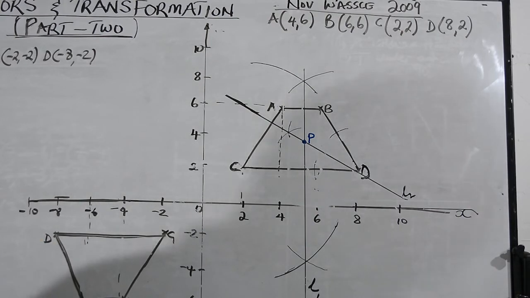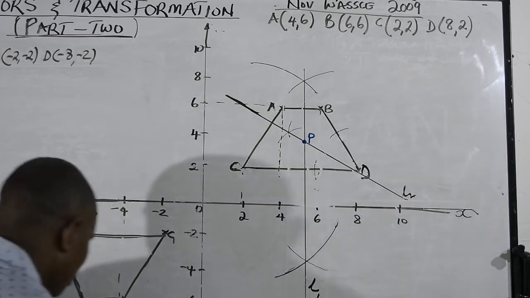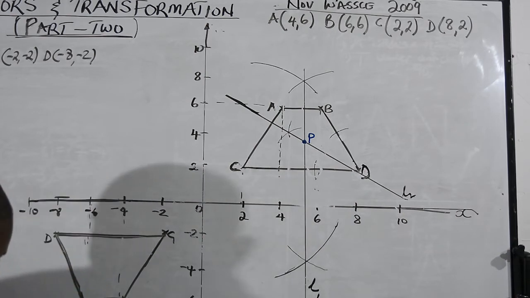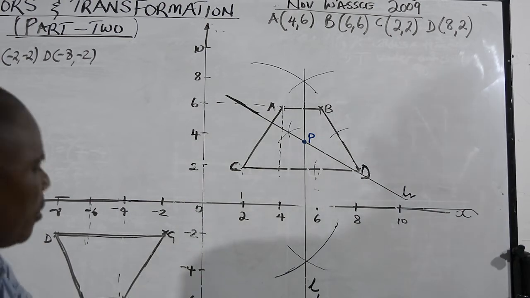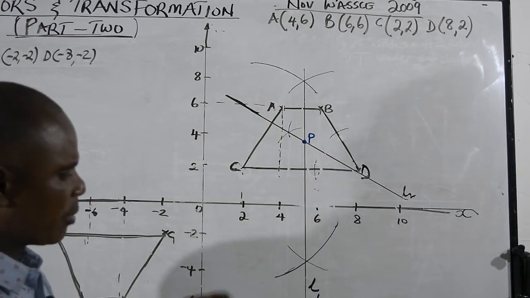So the next question says, with P as center and PD as radius, construct a locus L3. So we are looking at the same construction material. I have my compass, blackboard compass.